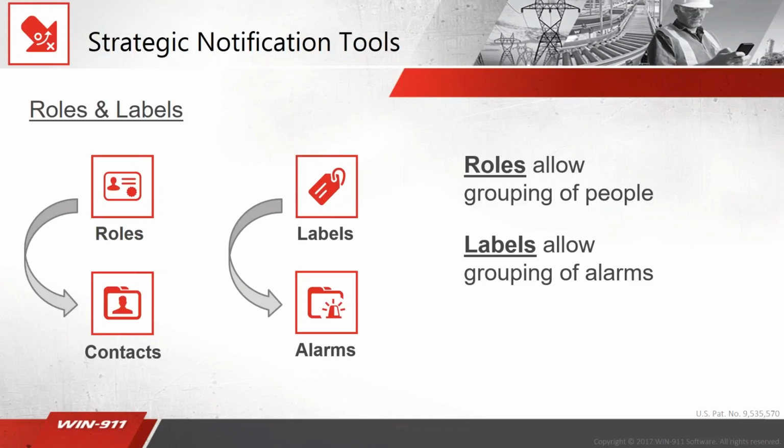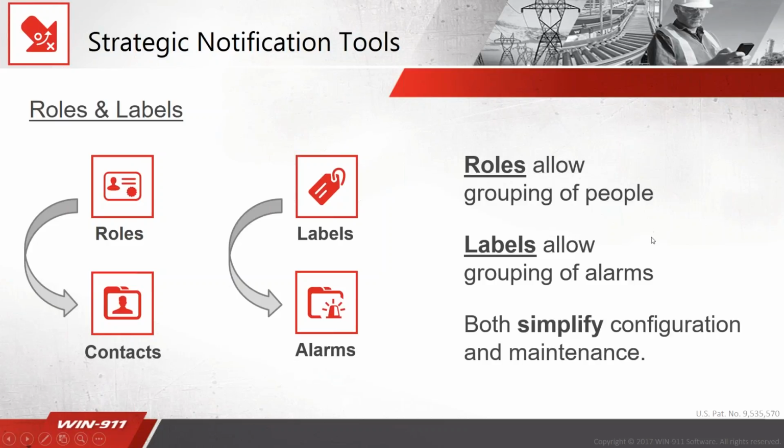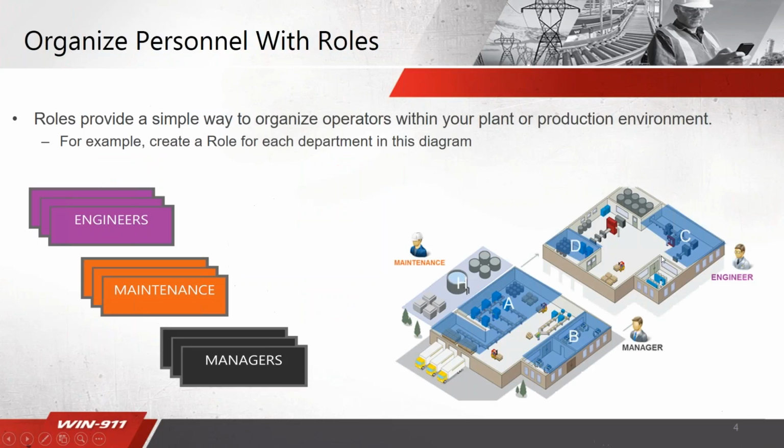And why would you do that? Because when you create your escalation later on, it makes it easier to manage and easier to create, and that's what we're going to take you through in the live demo in a little bit. So roles and labels are how we are now doing our escalation to create what we call dynamic escalation. Again, I'll show you that in a moment.